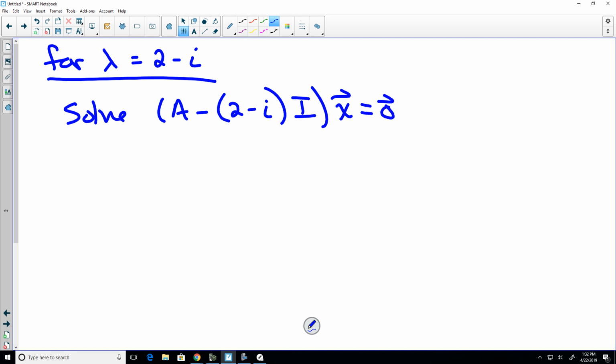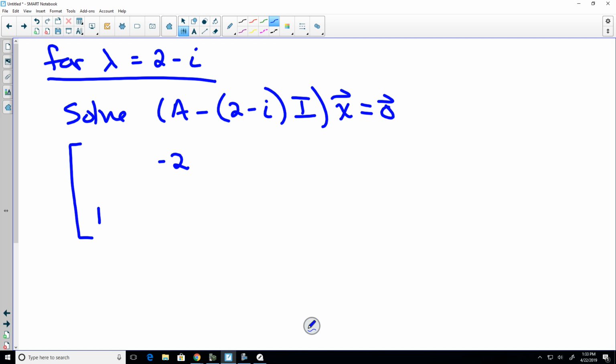And lambda is 2 minus i. So the main diagonal of A was 1 and 3, right?